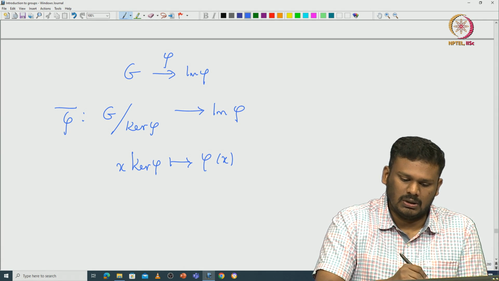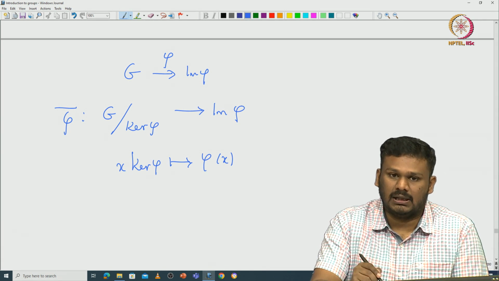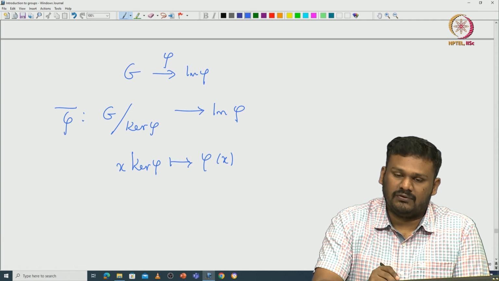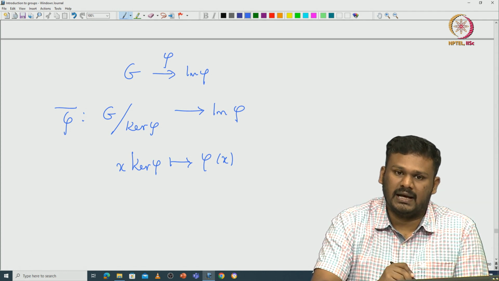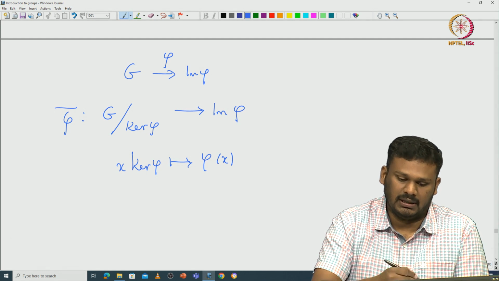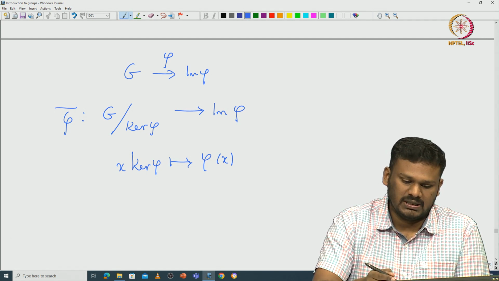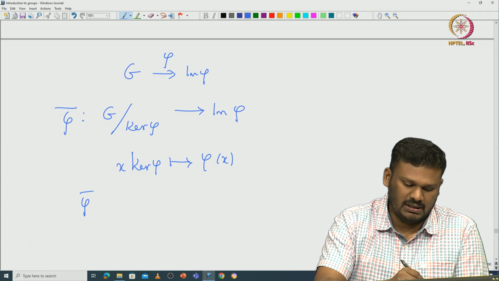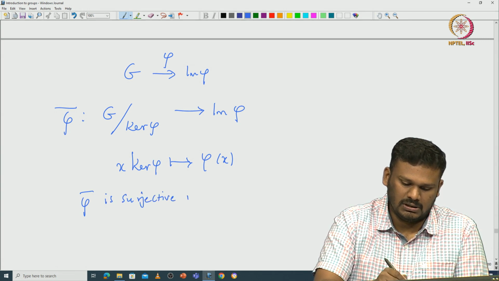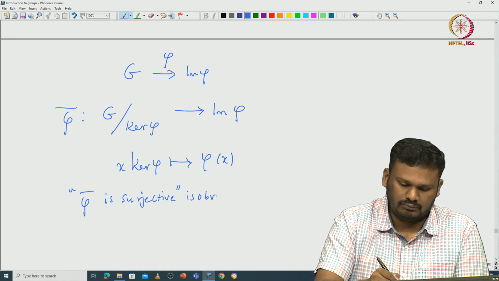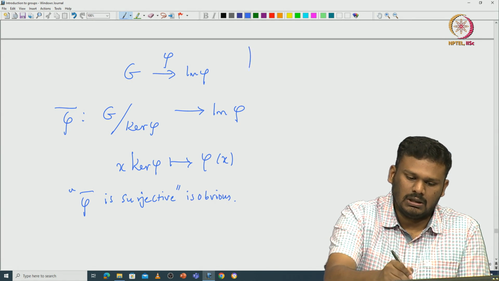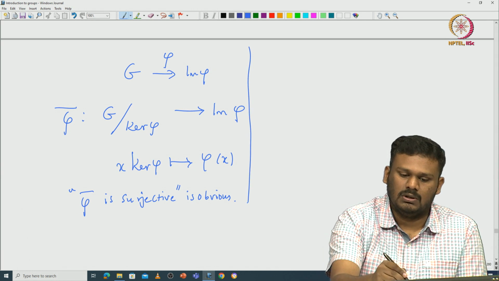The surjectivity is obvious, because any element of image phi will be some phi of x, then you can look at the corresponding x kernel phi that will map to phi of x. So phi bar is obviously surjective. Now what about phi bar being injective?